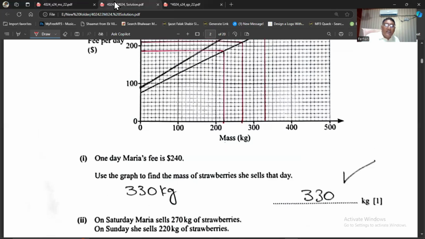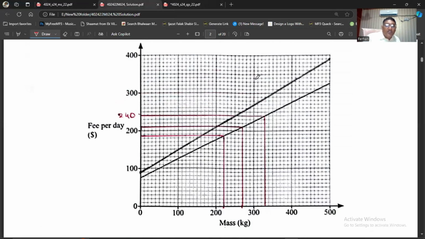Okay, so here I can show you. 270 is here. So I will go to my graph and then check the value of y here. It is, I think, $210, and here is 220. From here, I will go to the graph. When I intersect the graph, I will check the value of y here. It's approximately $185.